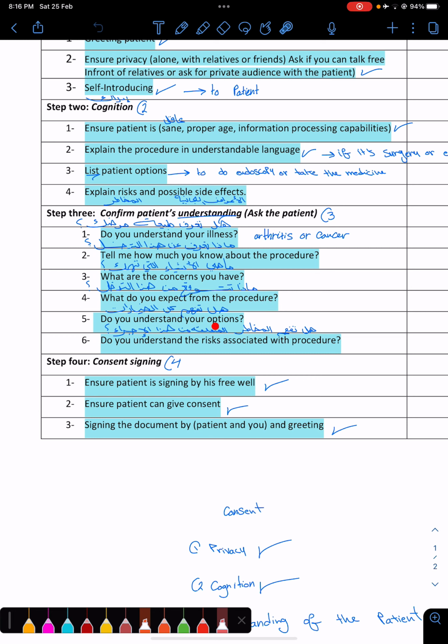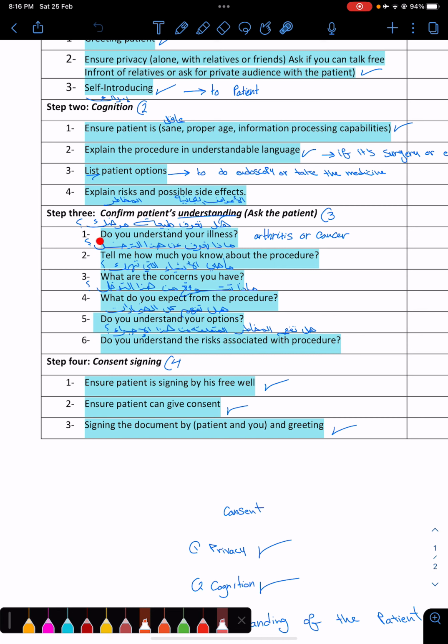Do you understand your options? Do you understand the risks associated with the procedure? So basically here you have to check the patient's understanding of all of these: the illness, the procedure, the concerns, the consequences, the options, and the risks.